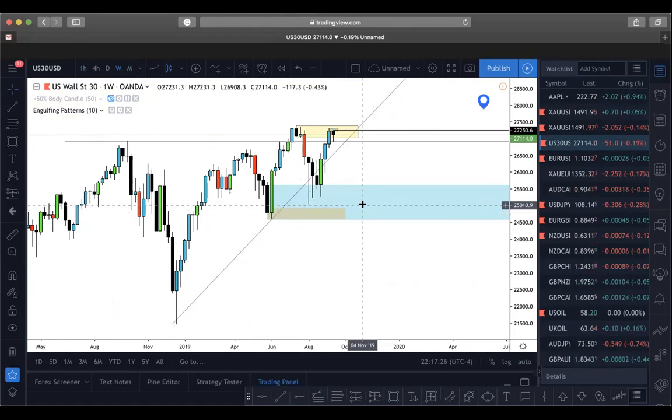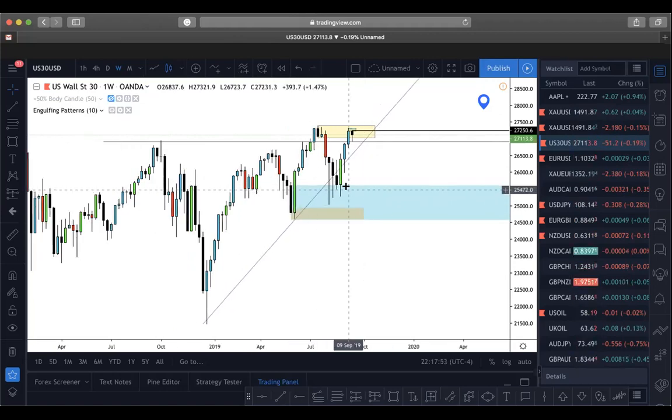Weekly demand, right? We know weekly demand is in control. Whenever a higher time frame demand is in control, you don't want to go against it, so you don't want to pit the daily against the weekly. If weekly demand is in control, then you should be looking for longs. You should be expecting the lower time frame supply levels to be removed.